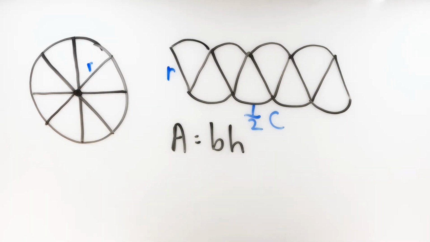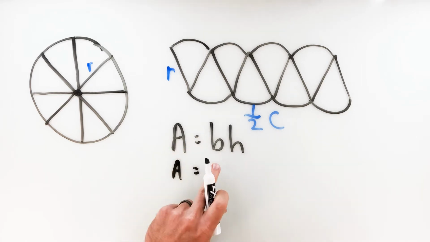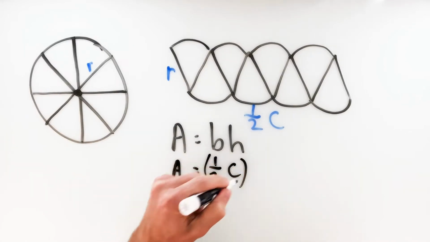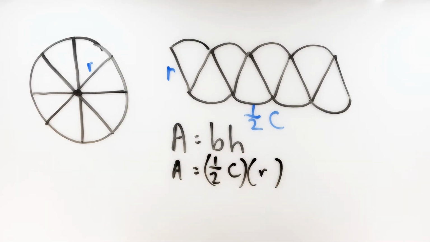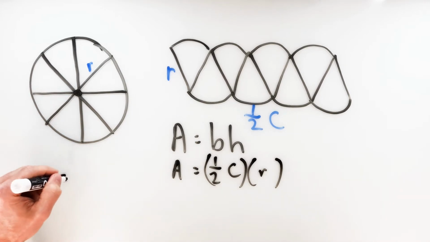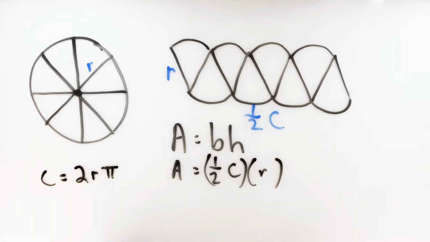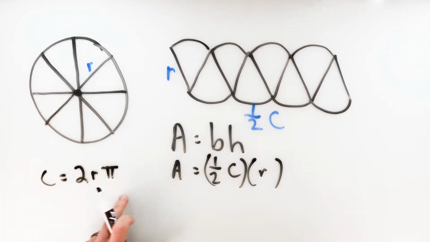So if I input those dimensions into my formula, the base being half the circumference, the base is going to be half circumference times the height, which I'm going to call the radius. And circumference is 2 times the radius times pi, or you might have seen it as pi times the diameter. 2 radii is just 1 diameter, so it's the same thing.